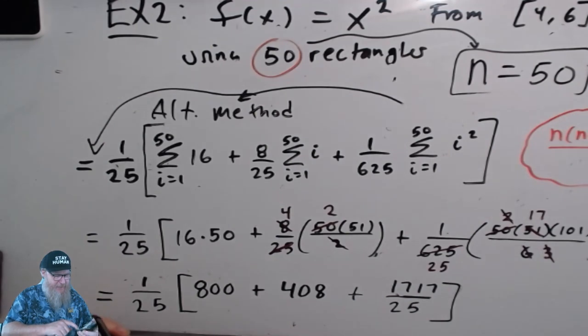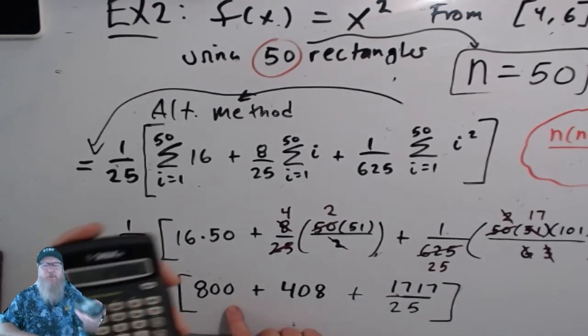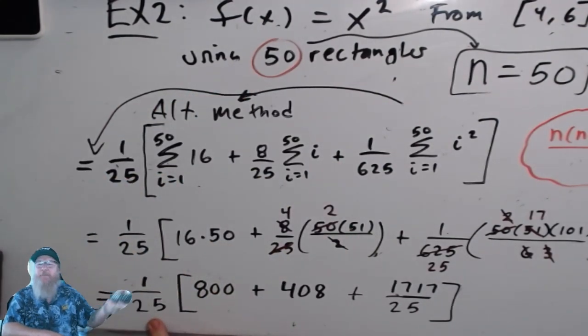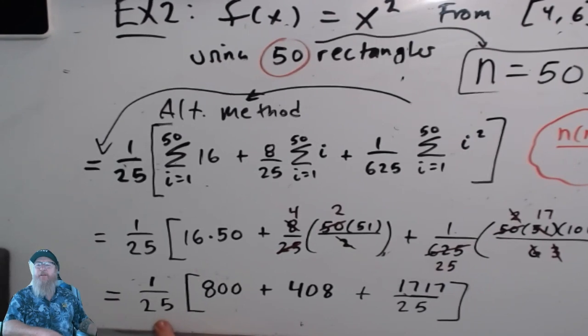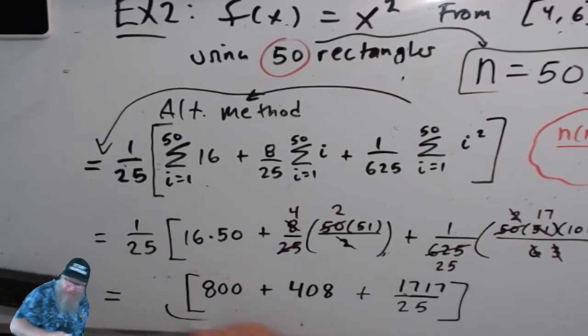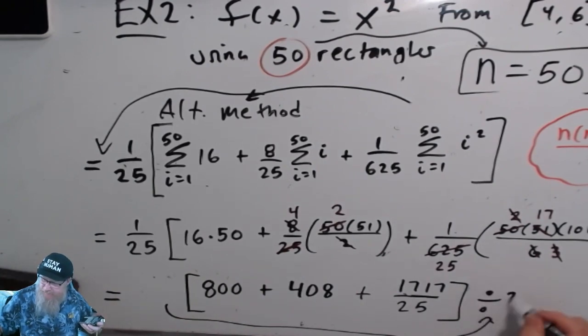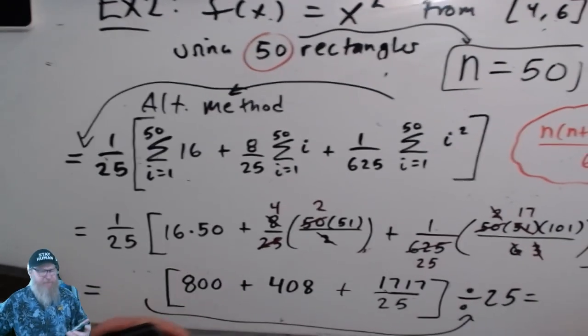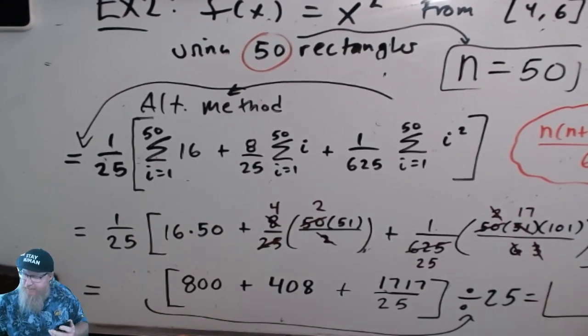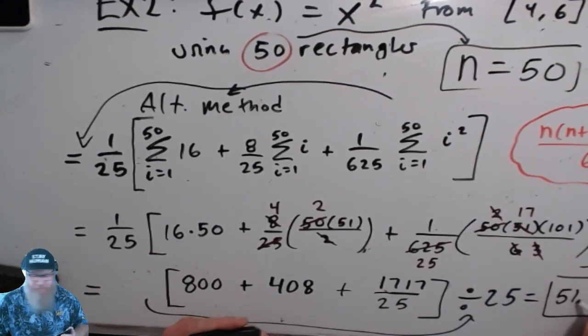Plus 800 is 1276.68, and then just divide by 25. You can just pull this over here and divide the result by 25, and that gives you your answer, 51.0672.